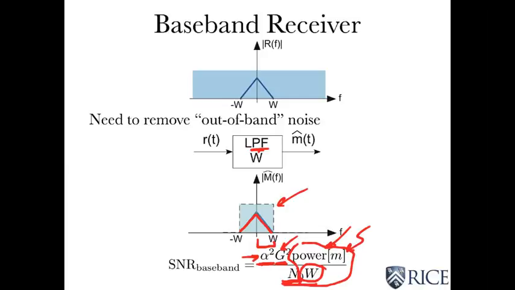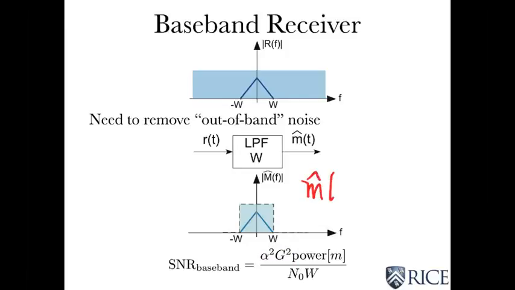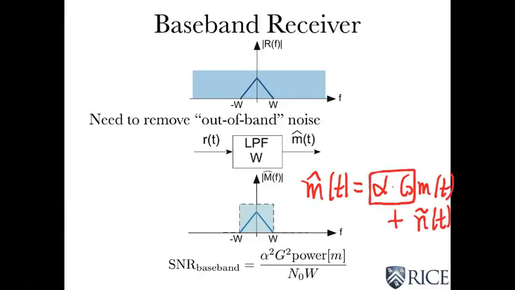Now, another thing I want to point out is, those of you who know what's going on will know that M hat, the signal part of M hat, is equal to alpha times G times the message plus filtered noise, which I'll just call N tilde. So don't we need to worry about alpha times G? In many situations, we do not demand that be 1.